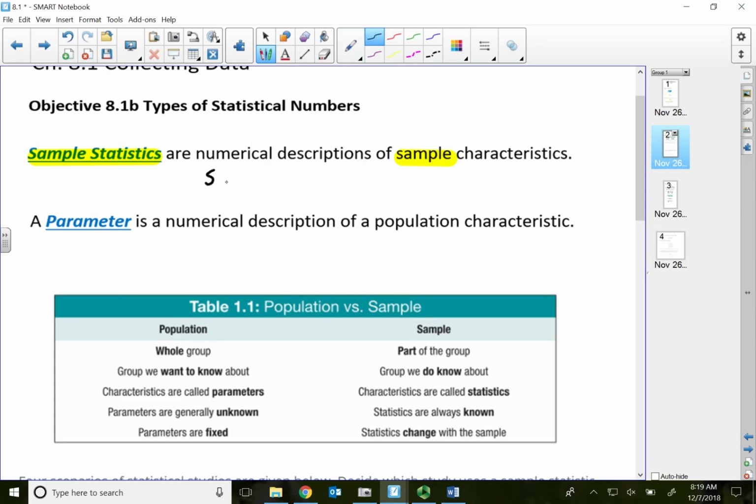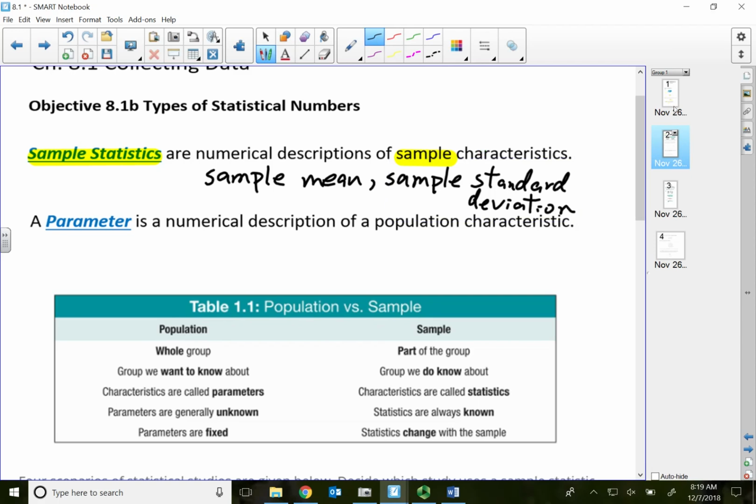If you ever hear me say sample mean or sample standard deviation, those are considered sample statistics.